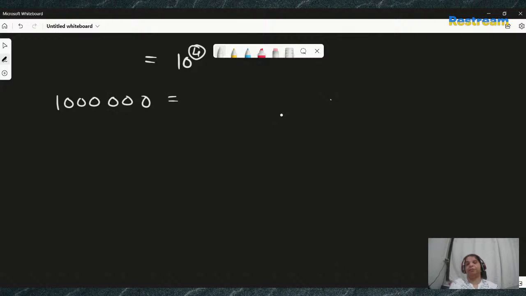So how much is this? Yes, it is 10 raised to 6. So it is 1 million basically. Now when you go to scientific form and they say 2 million, you can write it as 2 into 10 raised to 6.